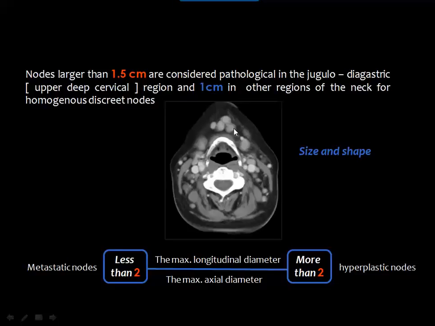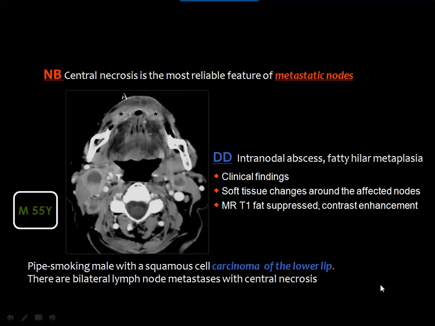Then you see here a group of lymph nodes in the submental area. This is the submandibular salivary gland on both sides, and you may see some of the nodes deep to the sternomastoid muscle at the level of the hyoid bone, meaning that they are in the upper group lymph nodes. Then we know that the differential diagnosis of nodes lies between inflammatory and neoplastic, and sometimes you may get lymph node hyperplasia, such as in Castleman disease, for example.